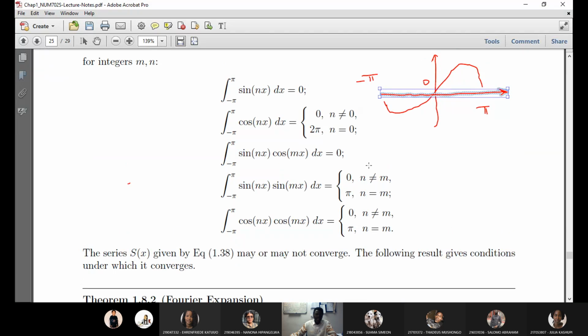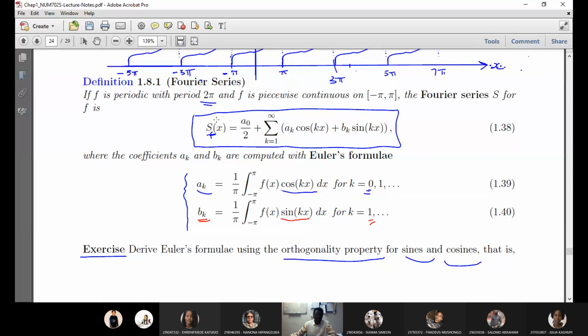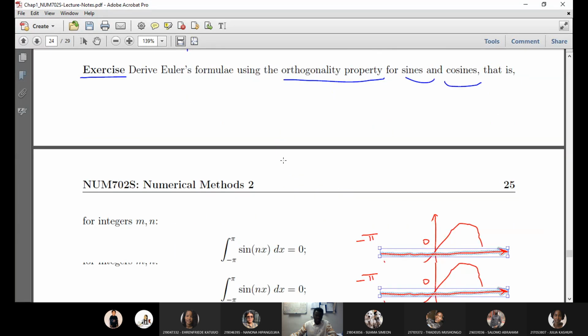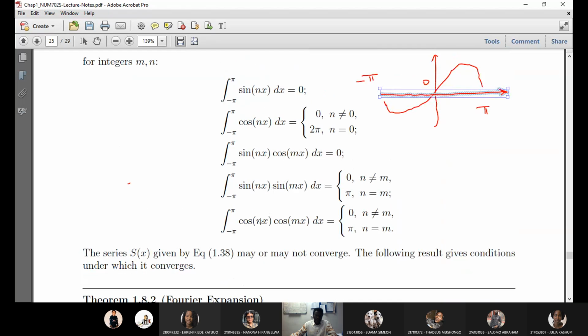And what you get will be only in terms of AK, because there will be cosine here. There are cases where it will be 0 when they are different, and there is only one case when it will be non-zero, when m is equal to n.